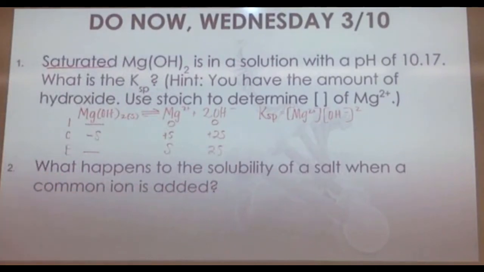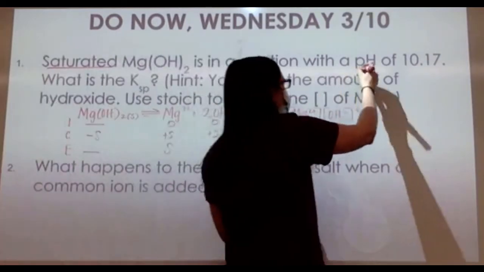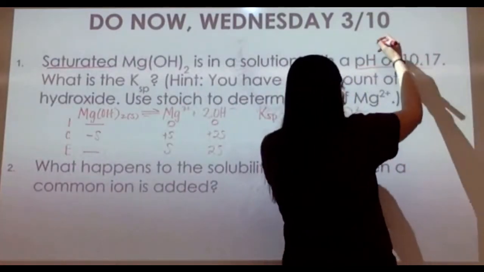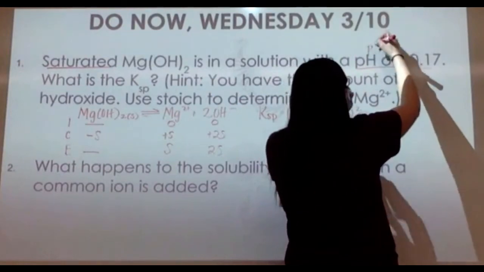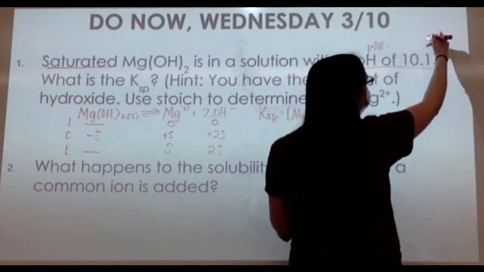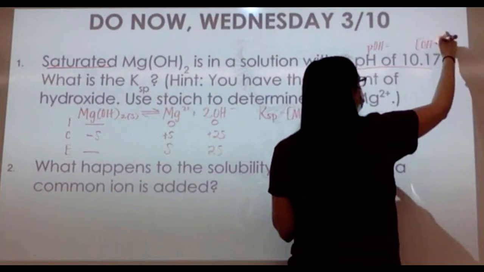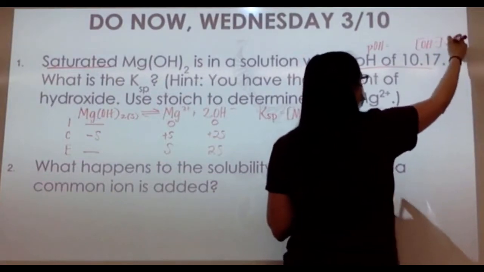Now, because I'm solving for KSP, that means that I should know my values for Mg2+ and OH minus. They gave us a pH of 10.17. Well, from pH, we could figure out pOH, and then we could actually figure out OH minus at equilibrium.